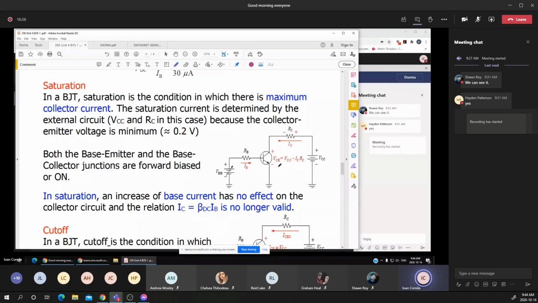Now we have to make the assumption that the collector-emitter voltage, VCE, with the collector more positive than the emitter, is almost zero. That's why I put in, as an example here, the approximation of 0.2 volts.